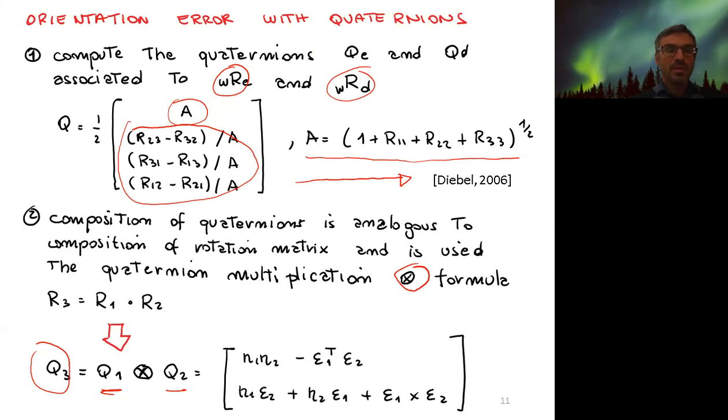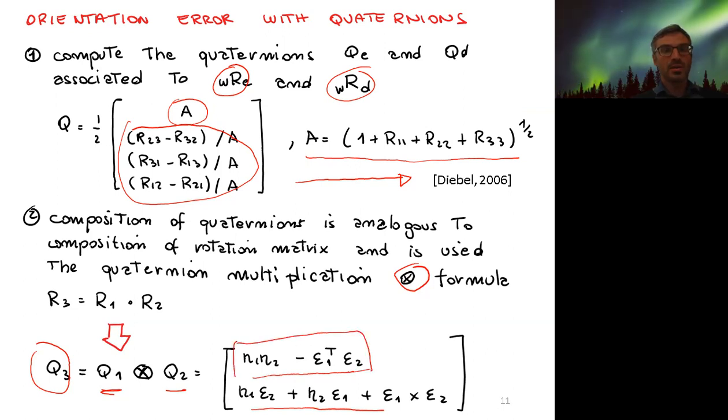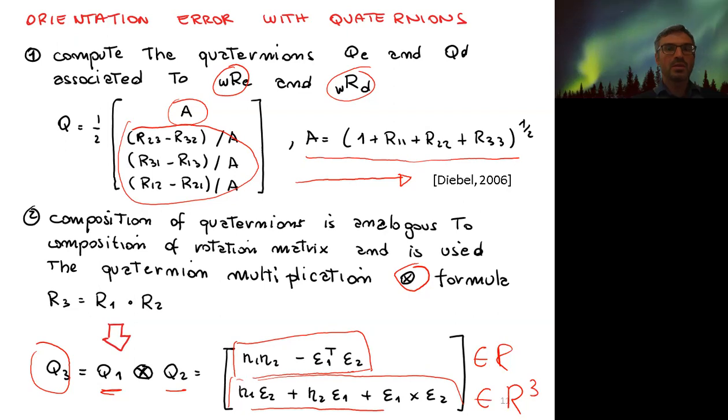The formula of quaternion multiplication is the following one. Remember, in the lecture on quaternions, we express this way, where this is the scalar part, belonging to R, and this is the vectorial part, in R3.